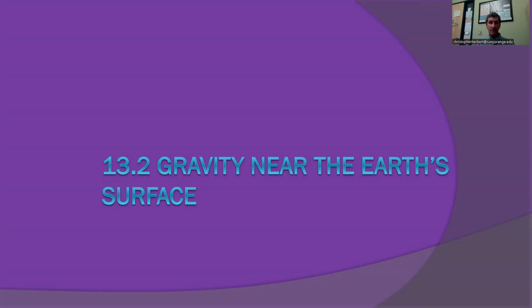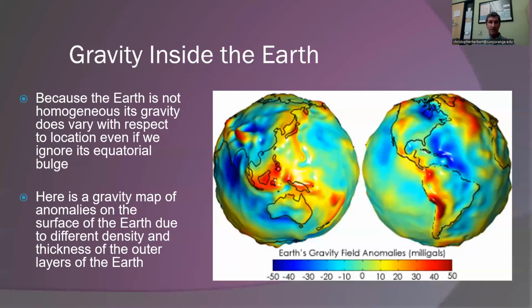Now, taking a look at some different maps, this is what the Earth would look like if we subtract off the effect of the higher gravitational field at the pole compared to the equator due to the oblate spheroid nature of our planet.